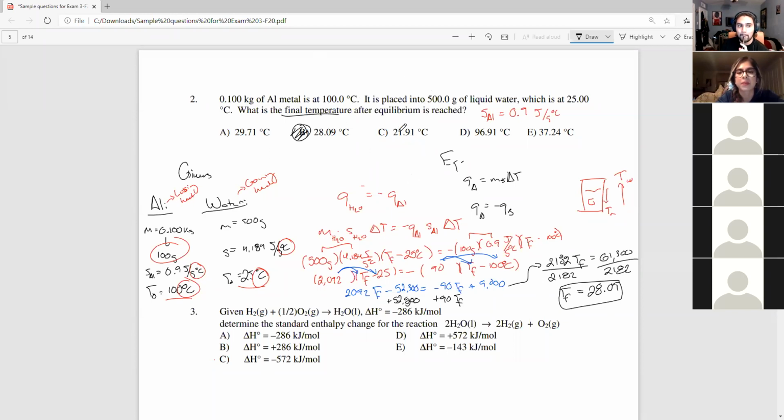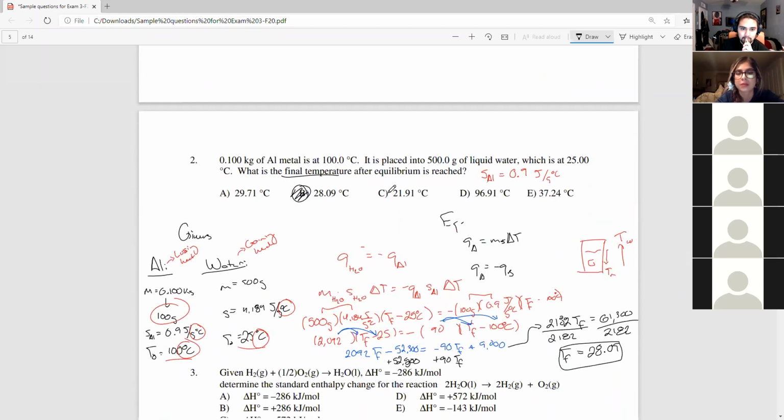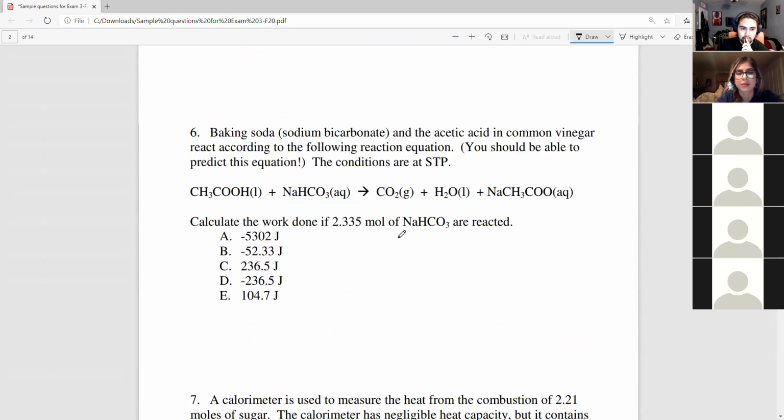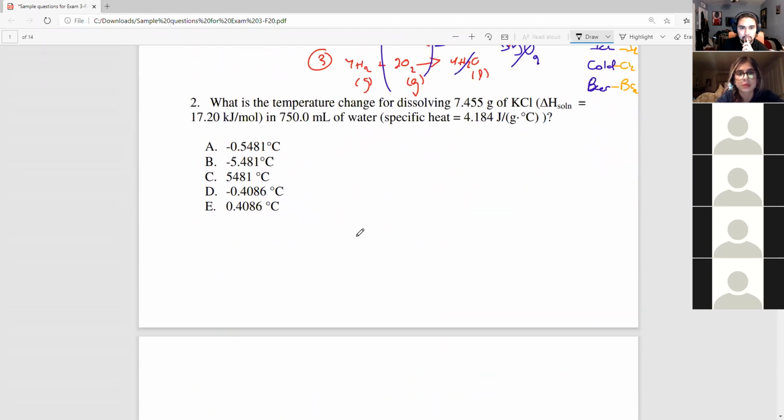No problem. I have a question for number 2, the one on the first page. We got a different answer now that Paulina did it, because I think the answer key has the answer as A and not B. I think there was an error in converting the kilojoules to joules.